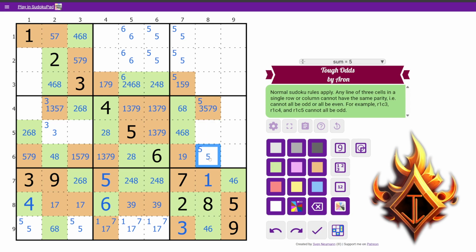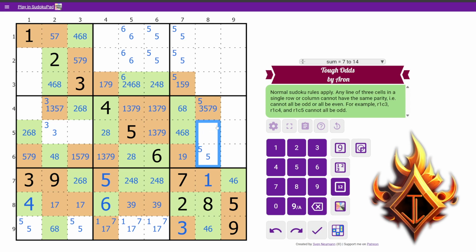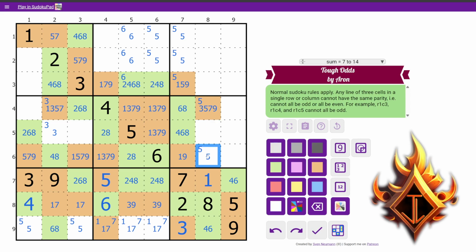If this is odd, I said this was even. And if this is even, this cannot be even, because then all three of these would be odd. So that is one of each. And if this is odd, that even.